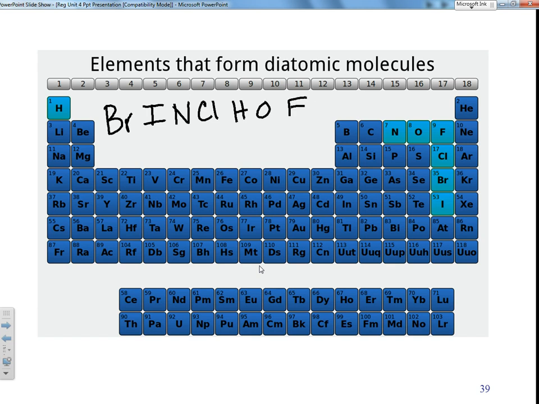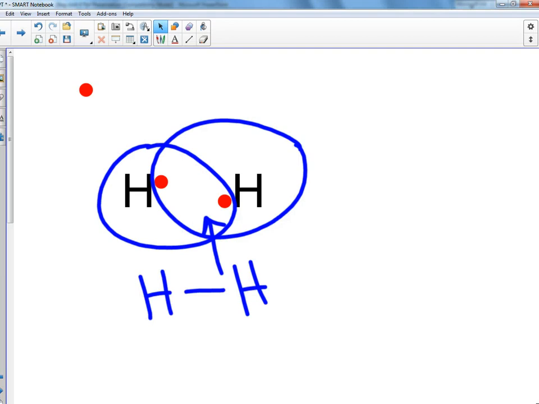Brinkel-Hoff is for bromine, iodine, nitrogen, chlorine, hydrogen, and oxygen and fluorine. So these are elements that whenever you find them in nature, they will always be combined as two atoms bonded together as a molecule. Now that we've talked about the octet rule, we can look at these and start to understand why that is the case.